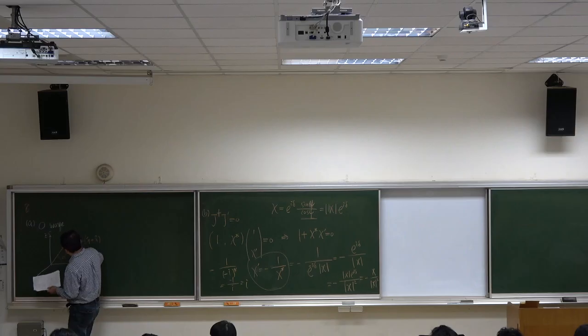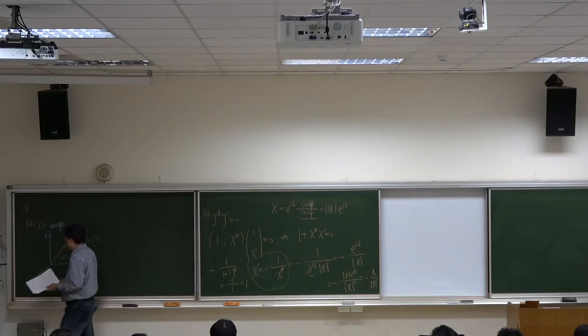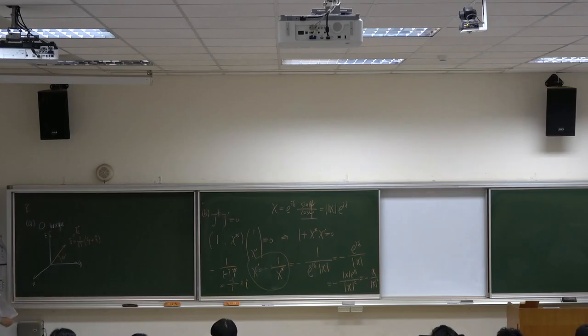This S is small s, parallel to the k vector. And we know that for the O ray, the D vector and the E vector are both perpendicular to the k vector and the optical axis.